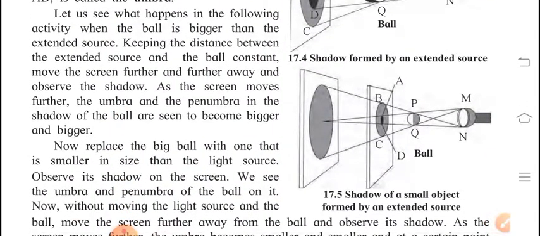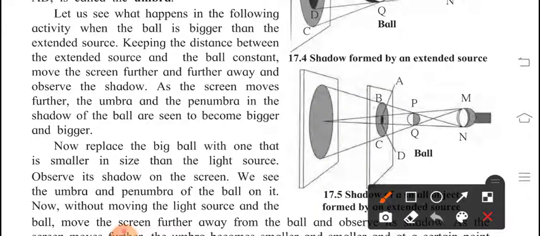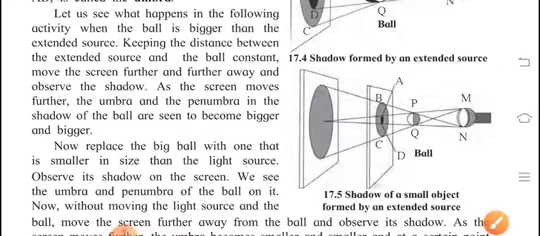Let us see what happens in the following activity when the ball is bigger than the extended source. Keeping the distance between the extended source and the ball constant, move the screen further and further away and observe the shadow. As the screen moves further, the umbra and penumbra in the shadow of the ball are seen to become bigger and bigger.